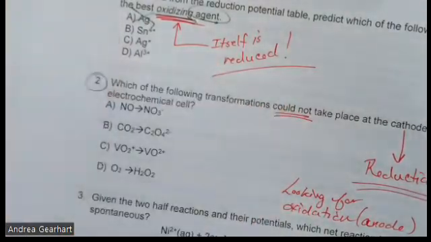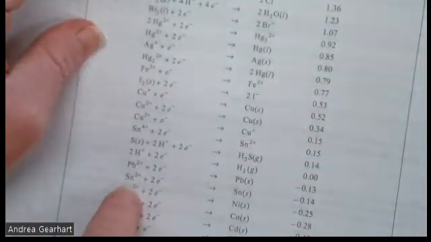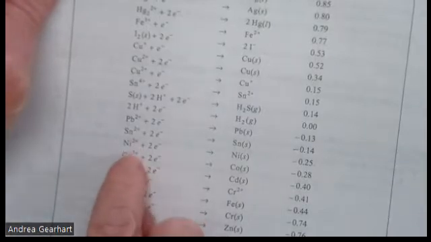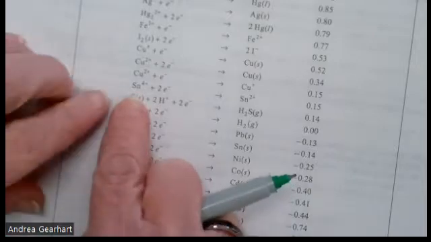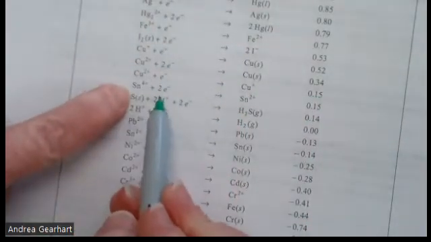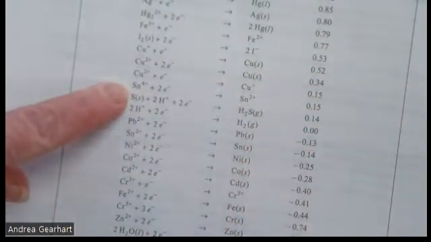So then we look, okay, where do we find tin +4? There's tin +2 and tin right there. Now we need to be careful because there could be another tin +4. Here it's just accepting 2 electrons. Could there be another where it's accepting 4?